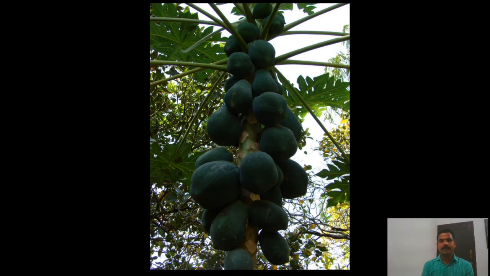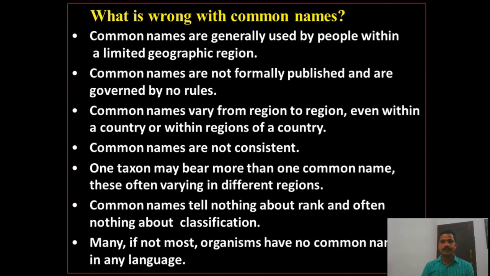So the same plant is known by many common names, local names in different regions, or even in a single region it is known by different local names or common names. So many names are used sometimes for a single plant, according to different regions, or sometimes in the same regions, many names are used.